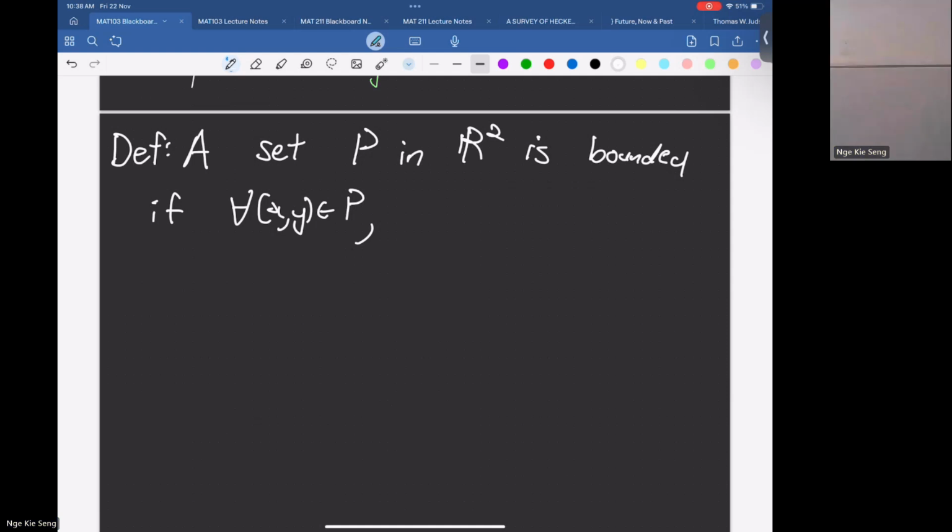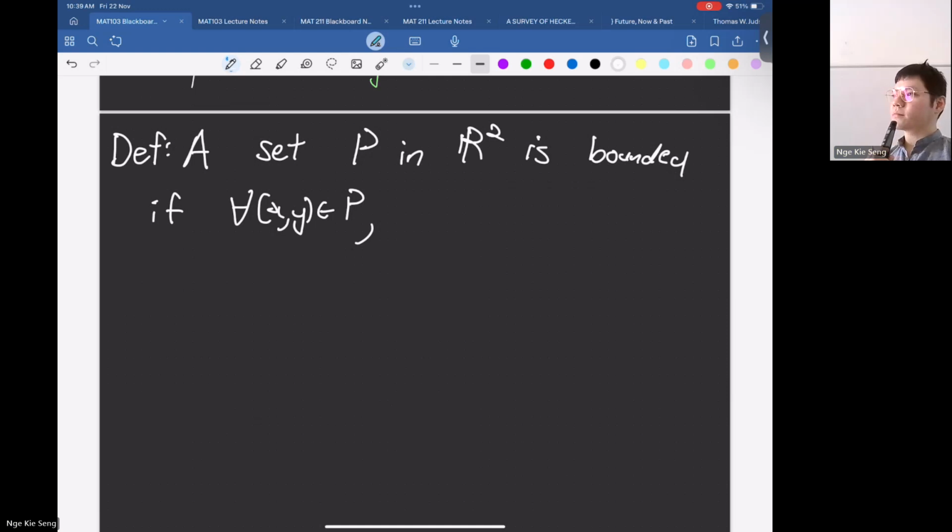how do you think we should bound an (x, y) point? Maybe you can extend from the boundedness of real numbers. How do you bound a real number? For example, a finite interval AB is bounded. So how do you bound?